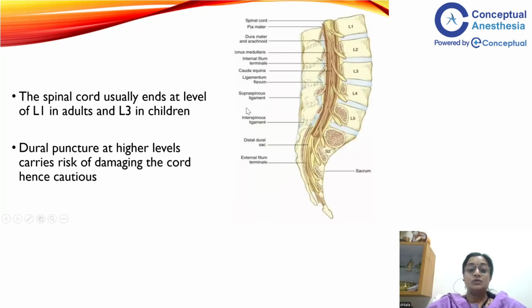So the spinal cord usually ends at level L1. See, this is L1. You can see that the spinal cord is ending at L1 in adults and L3 in children. The dural puncture at higher levels, therefore, carries risk of damaging the cord. Hence, you have to be cautious.